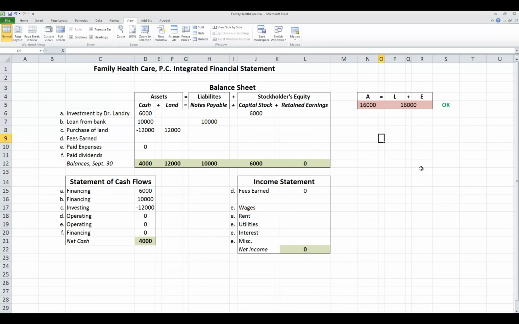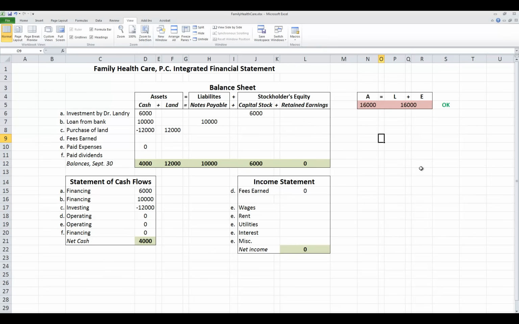Now, I do want to point one thing out. If we go down to the bottom of the asset column, you will notice that our cash is now 4,000. We used to have 16,000, but now we're down to 4,000 because we used 12,000 of that to buy land. But we accompany that $4,000 with the new $12,000 in land. So our assets are still $16,000.